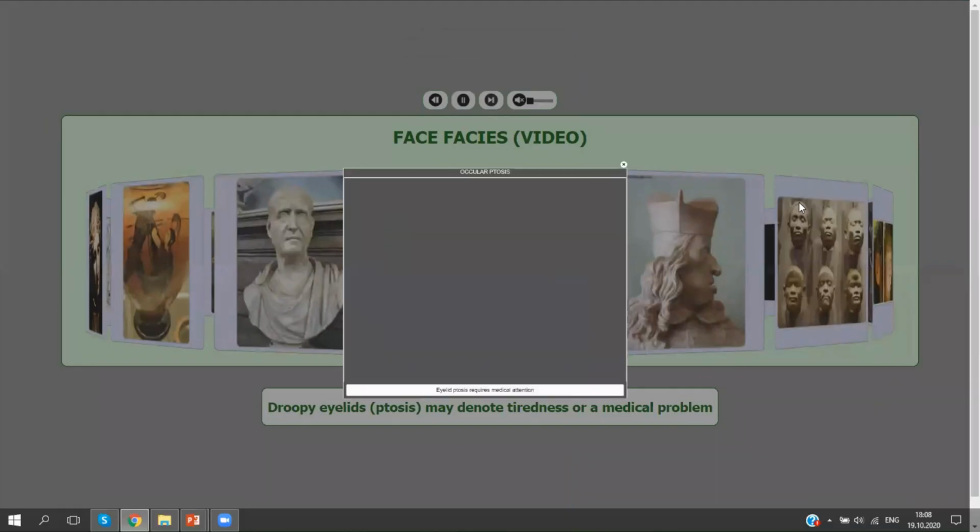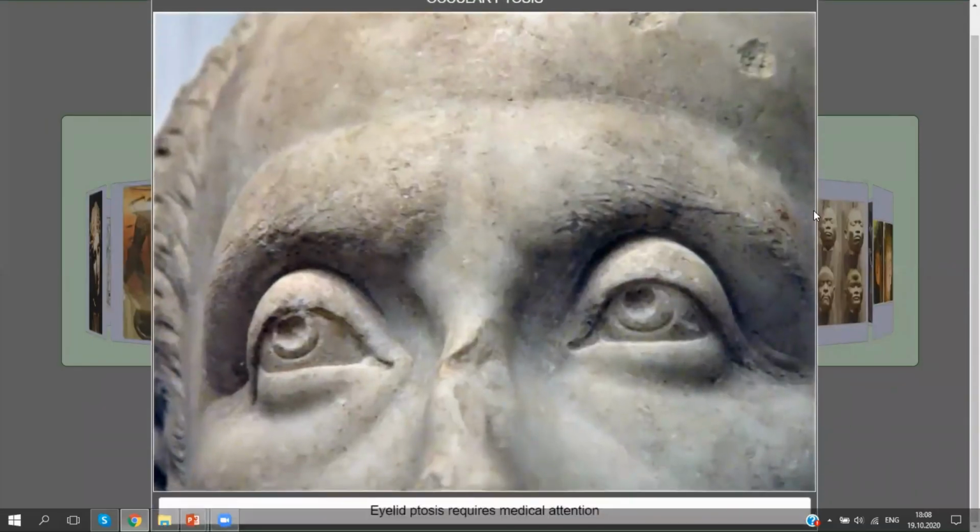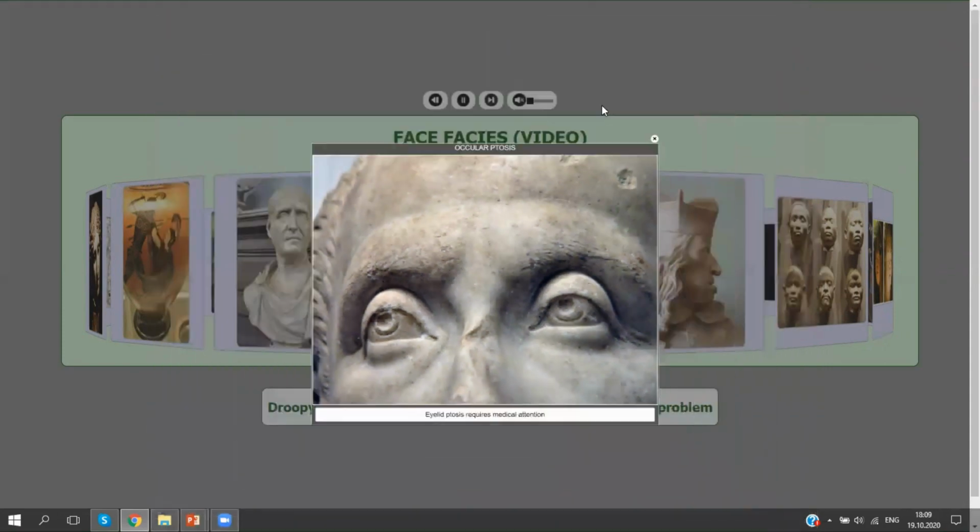So the next picture is a detail, and we see that the eyelids are sort of droopy. Can this be a sign of tiredness, or maybe even a metabolic disorder like myasthenia gravis, etc.? Facies are very, very useful to suspect clinical diagnosis. Next image.